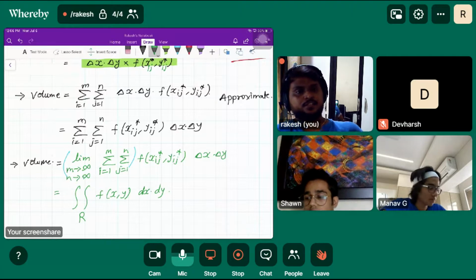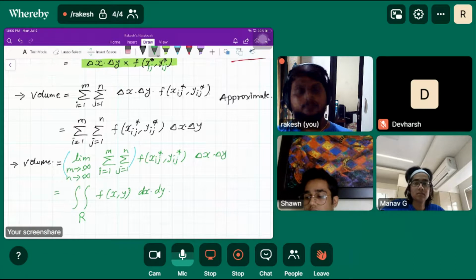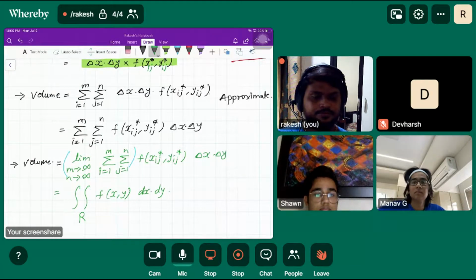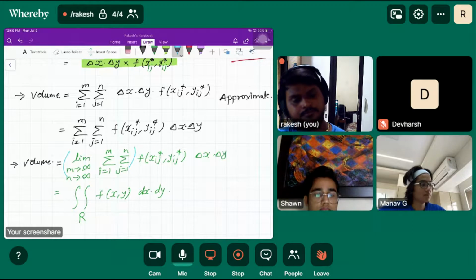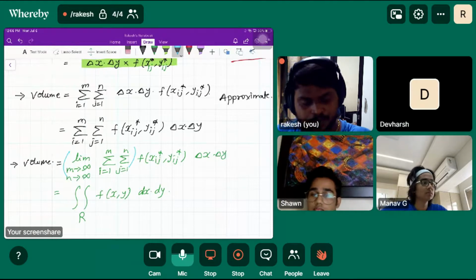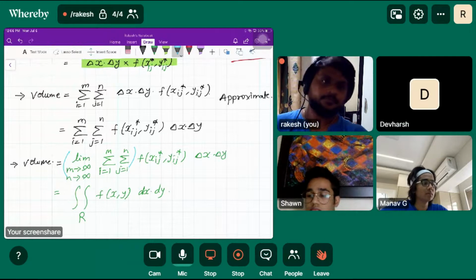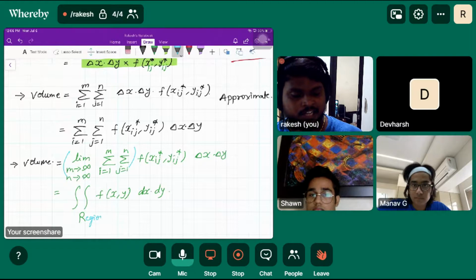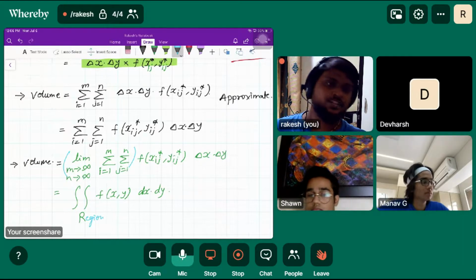The notation is, I think, very clear to you. R stands for region, not rectangle, because the region could be anything.